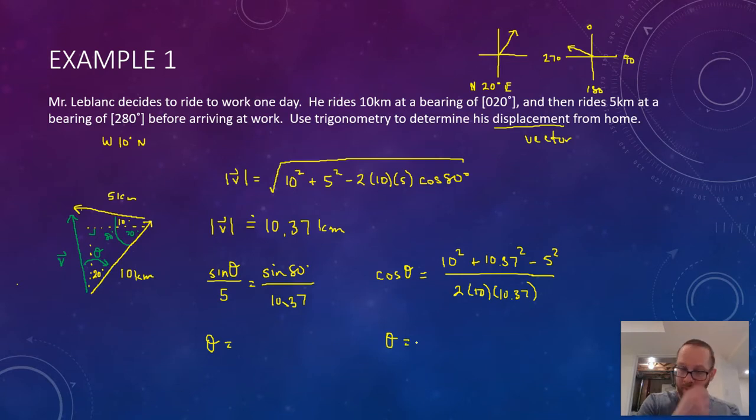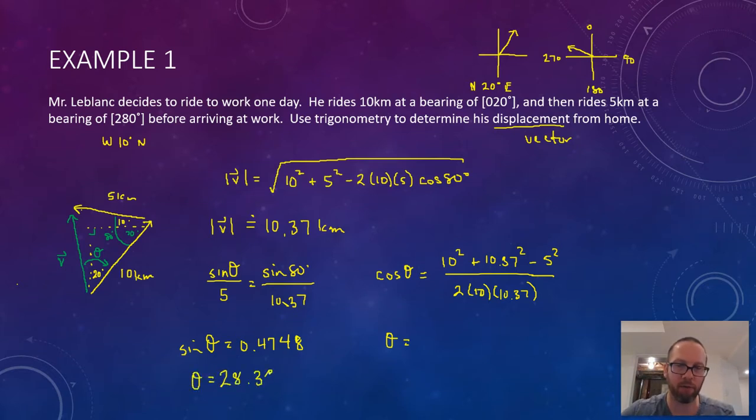I'm going to do 5 times sine 80 and divide by 10.37. Maybe I'll show an extra step here too. I get the sine of the angle is about 0.4748, inverse sine. So I've got about 28.3 degrees.